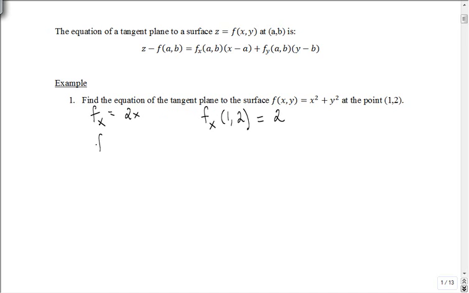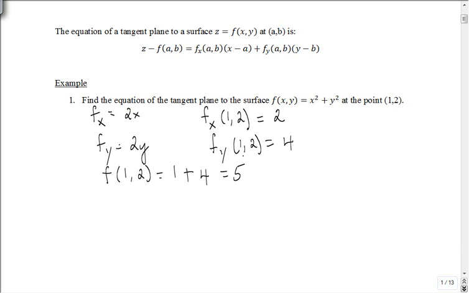Similarly, fy is 2y. Fy at (1, 2) means you are going to put 2 for y and get 4. So we have the partials. The next thing we need is f at (a, b), so the value of the function at the point. In other words, we want f at (1, 2). So you put that into the function, and this is 1 squared plus 2 squared, which is 5.